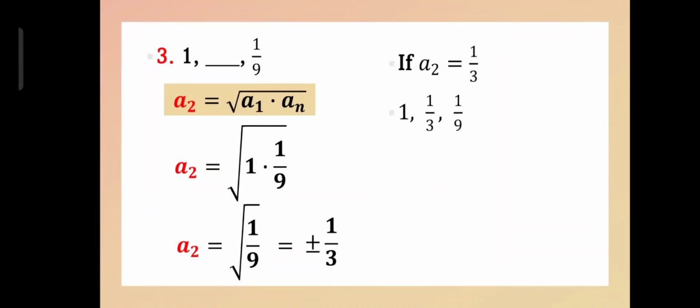So, if the geometric mean is equal to 1/3, then the sequence is 1, 1/3, 1 over 9. Or, if the geometric mean is negative 1/3, then the sequence is 1, negative 1/3, 1 over 9.